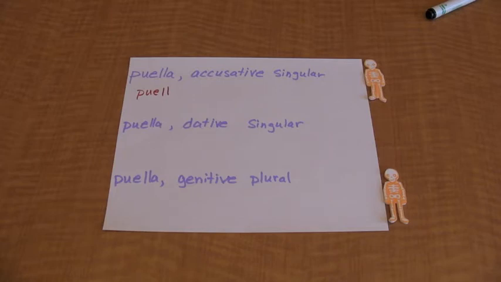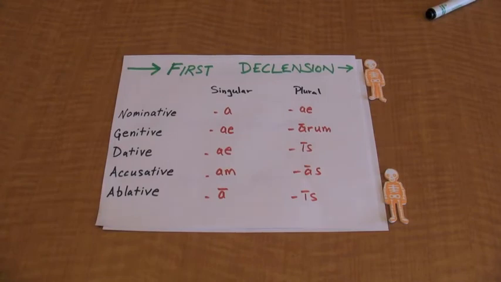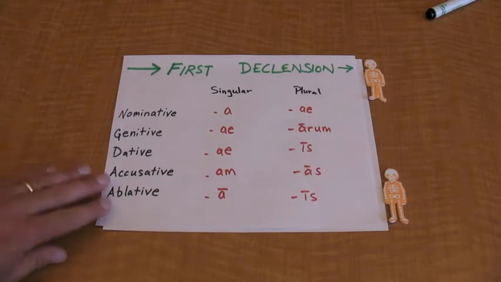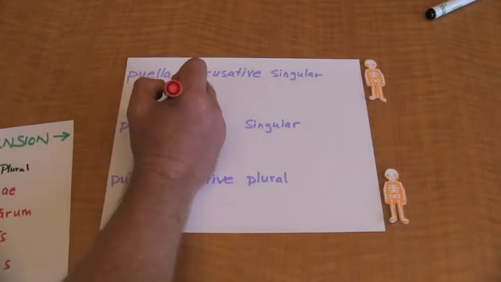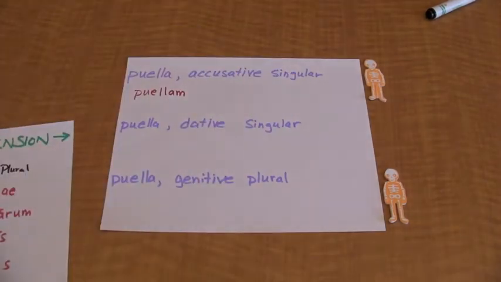In case you haven't memorized it yet, here is our chart of first declension endings. And here is the accusative singular. The ending is the letters A, M. So the stem, P-U-E-L-L, plus the ending A-M gives us the form puellam. Puellam is the accusative singular of puella.